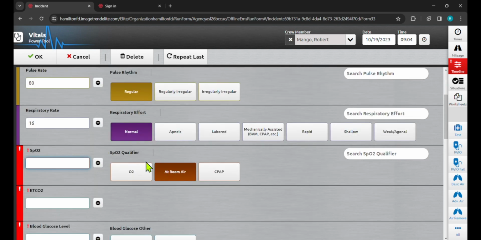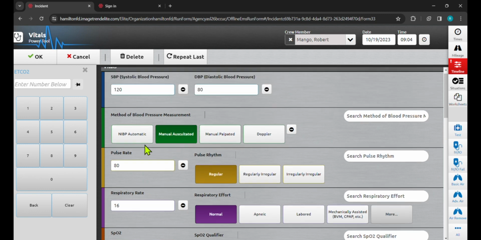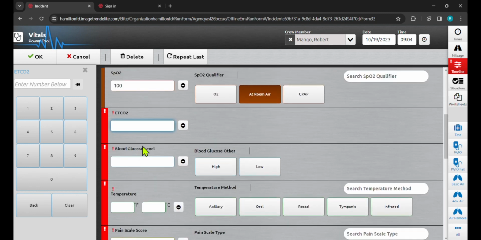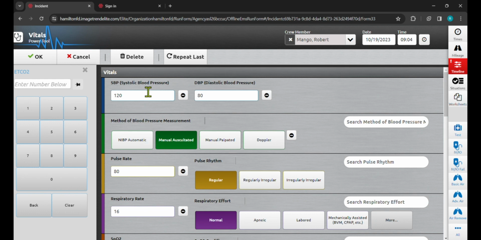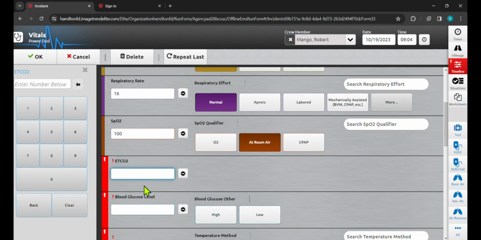I'm kind of deviating from my predisposed run type here, but then we get into some additional things. Now obviously we know the vital signs: blood pressure, pulse rate, respiratory rate, SpO2. Then there's EtCO2. We may not do EtCO2 on everybody, right?